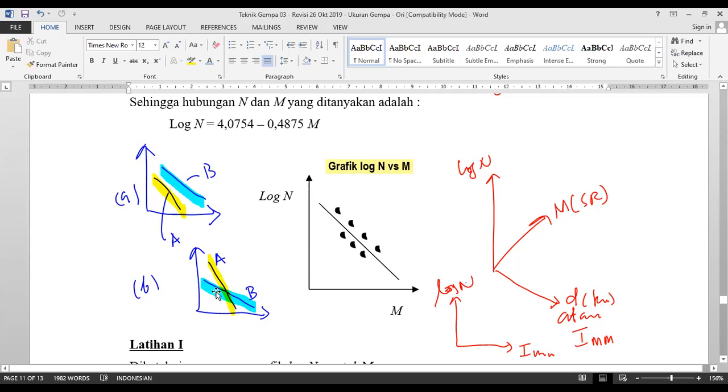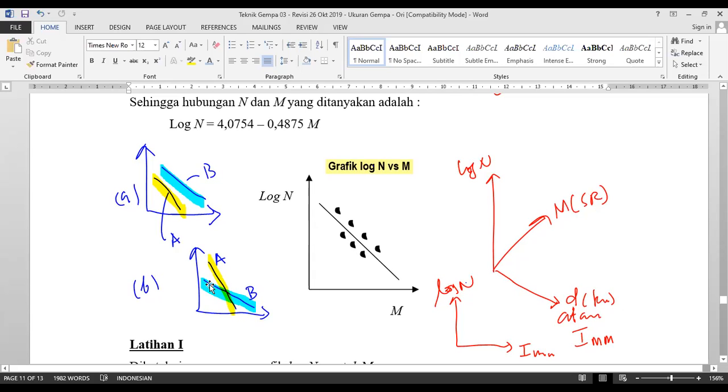For A, there are many small earthquakes, but rarely big earthquakes.